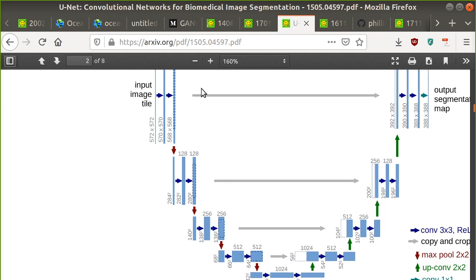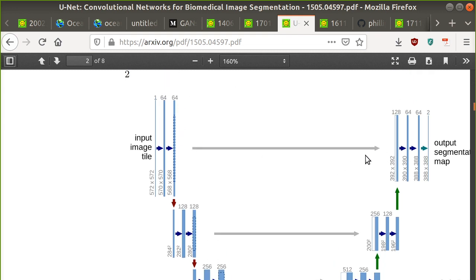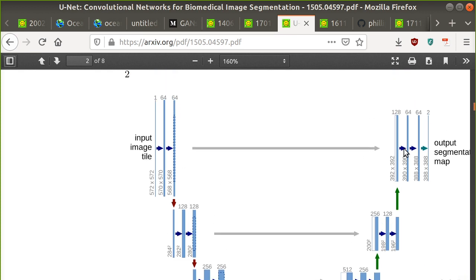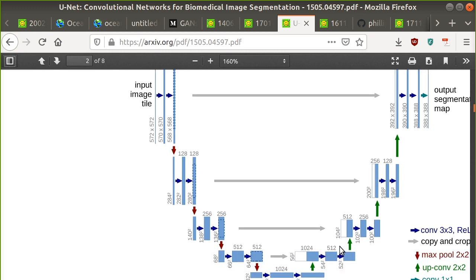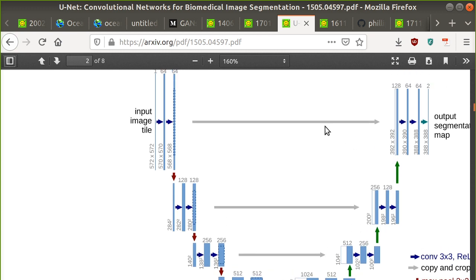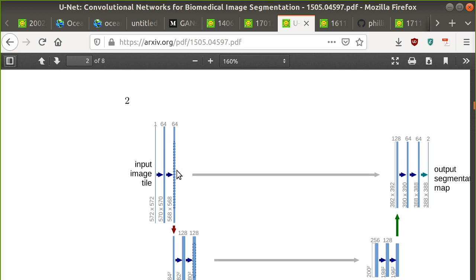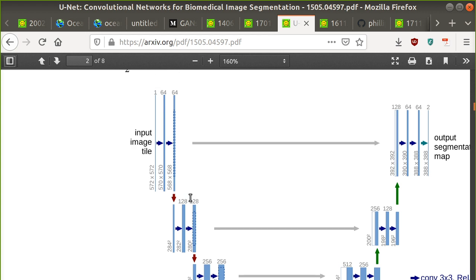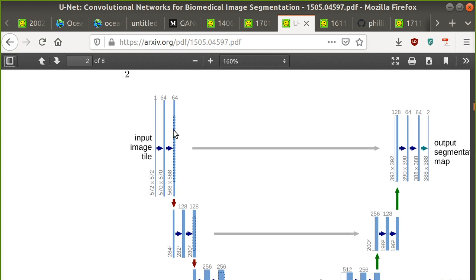In addition, we have these skip connections, these gray arrows, which is to say, when we go back up the right side of the U, decrease the number of channels, increase the spatial resolution, we're also looking back across at the information at that same spatial resolution or a similar spatial resolution. We're taking kind of the center of the image, as in these dotted lines.